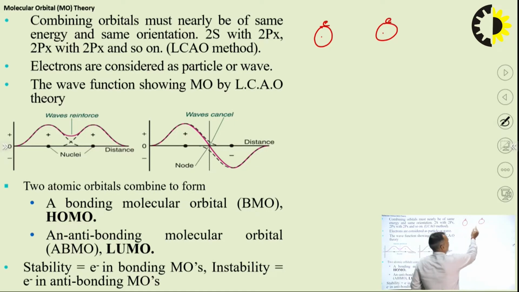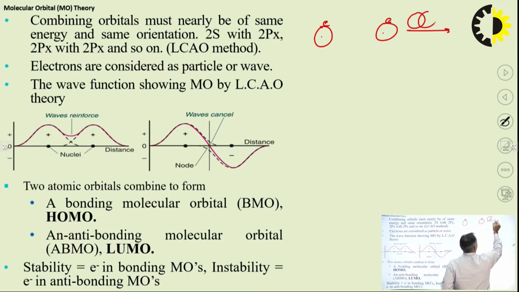Once these two atomic orbitals constructively overlap, the probability of finding the electron in this region increases, and this type of molecular orbital or energy level is called a bonding molecular orbital.